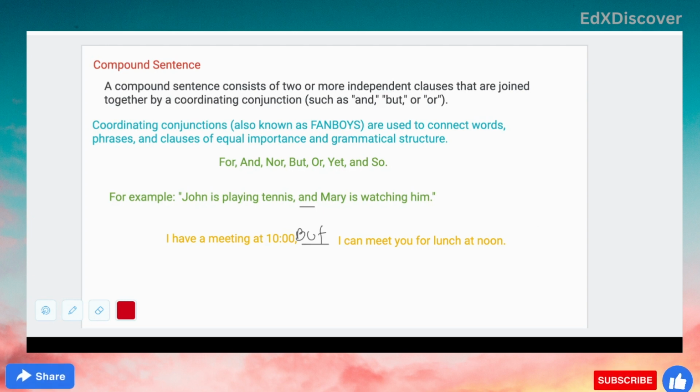Good. Now the last one is the complex sentence.